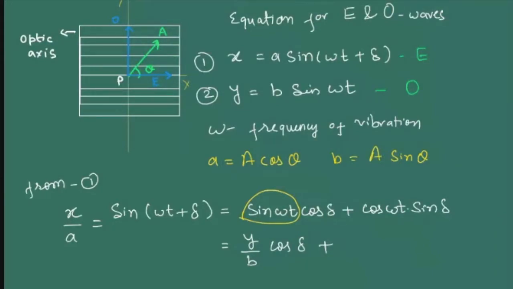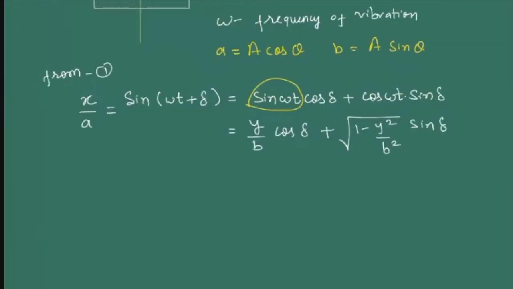So therefore, we can write cos omega t as root of 1 minus y square by b square into sine of delta. Let us simplify it.